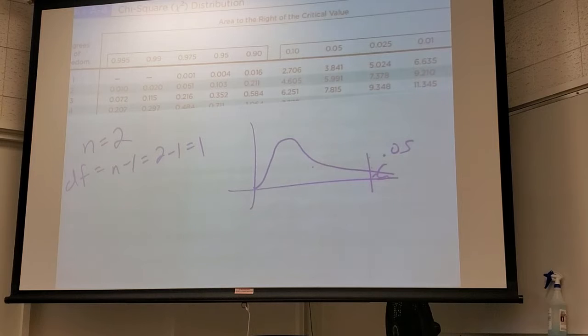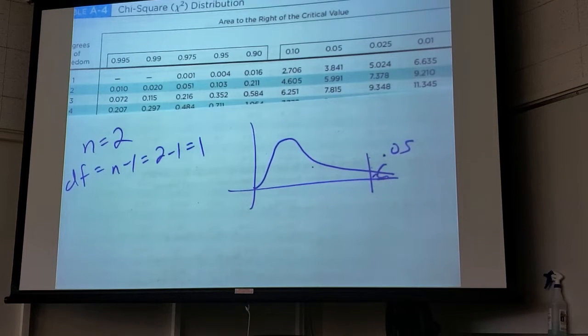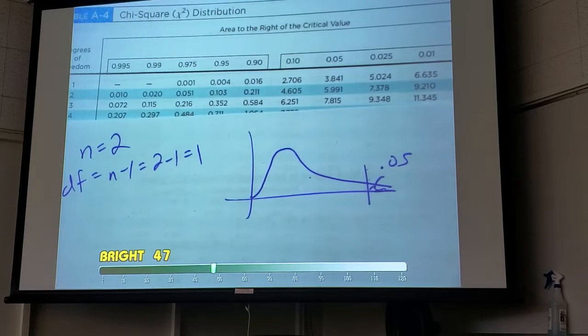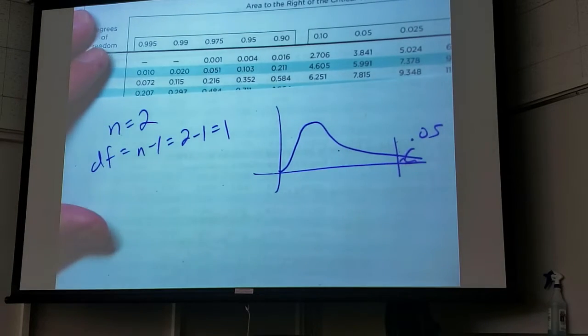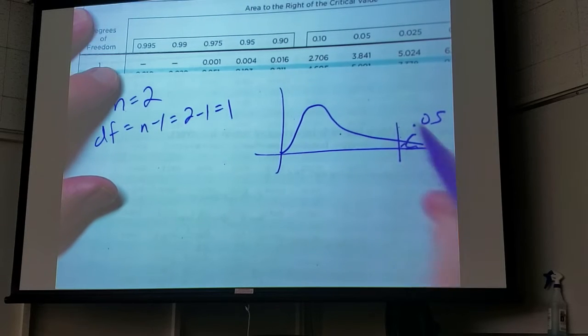So it would look like that, right? Can you find that chi-square score? What do you guys got? Is it 3.841? Yeah, 3.841.